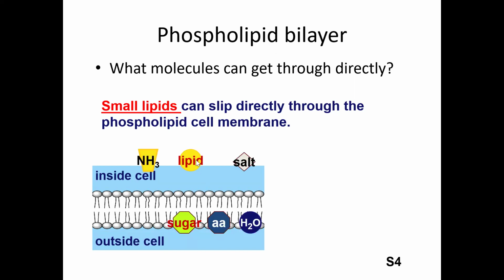We have lipid here, so the lipid will dissolve, and we also have sugar, amino acids, and water. All these can get into the cell directly, but mostly the small lipids or lipophilic substances can easily get into the cell as fast as possible, because they solubilize each other.